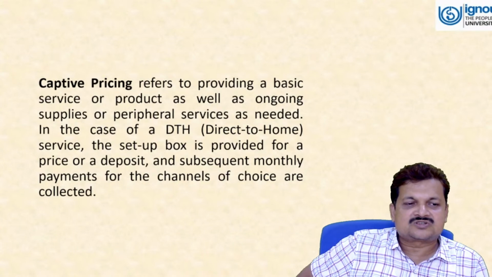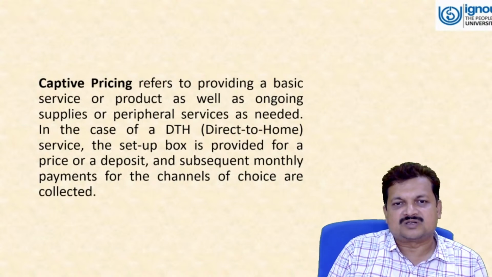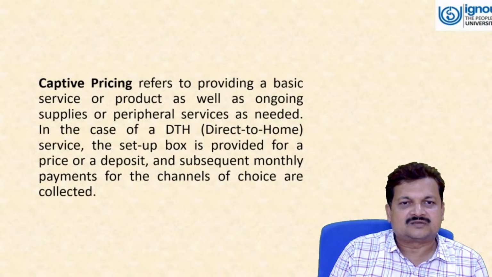So what you will do is go by the a la carte system. In the a la carte system, you keep the services you like most or which are important for you, and the rest of the services you are not interested in, you may avoid.